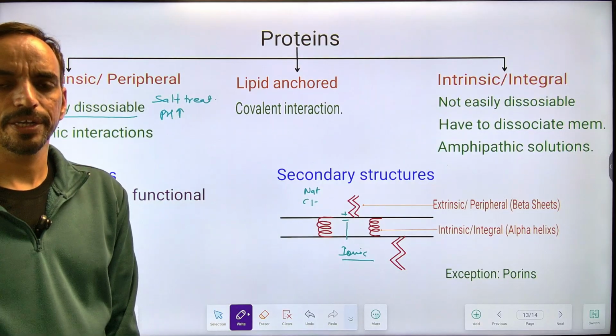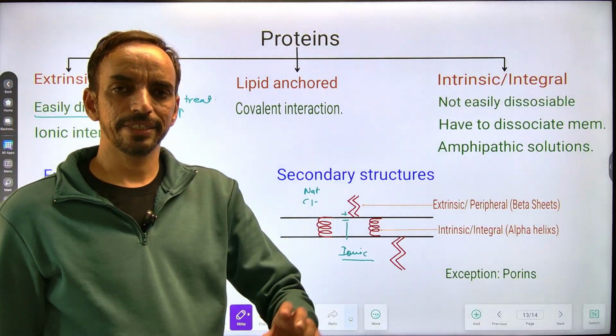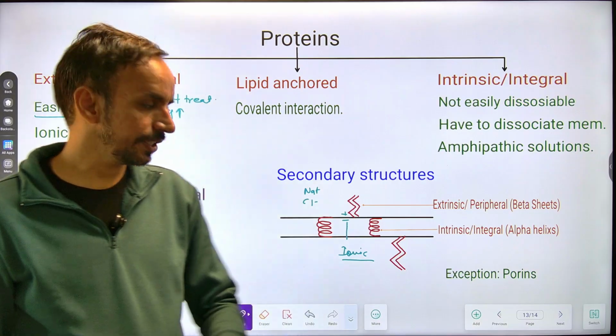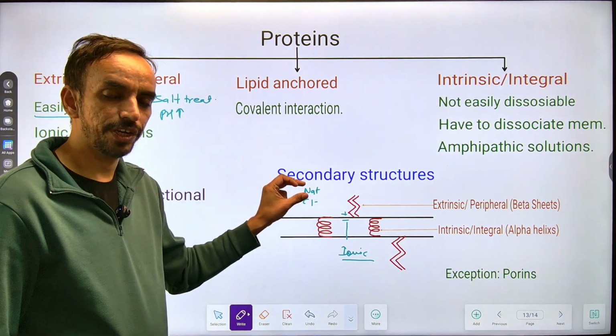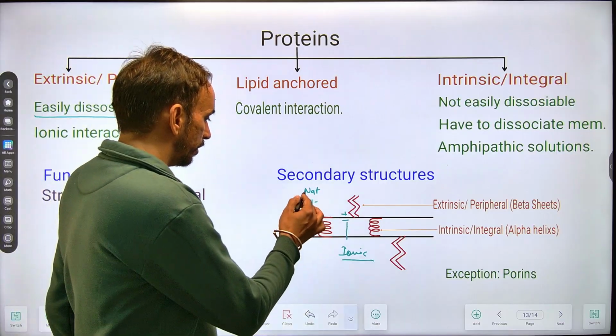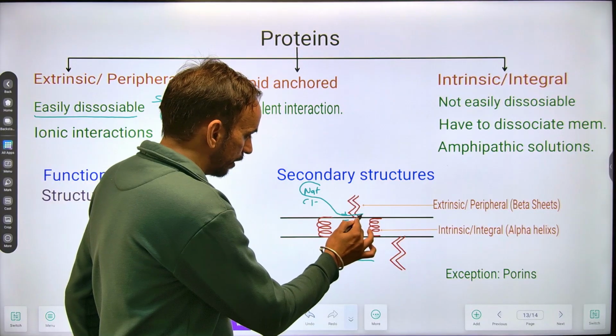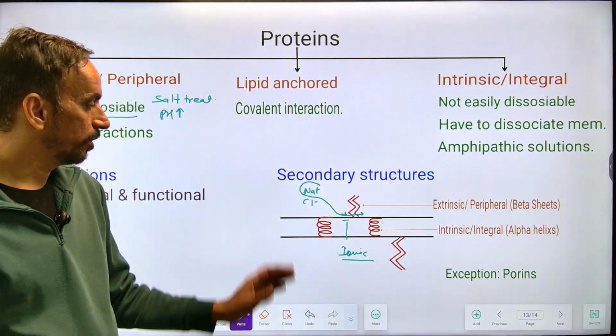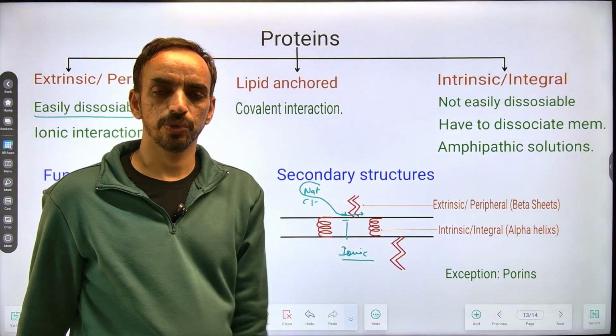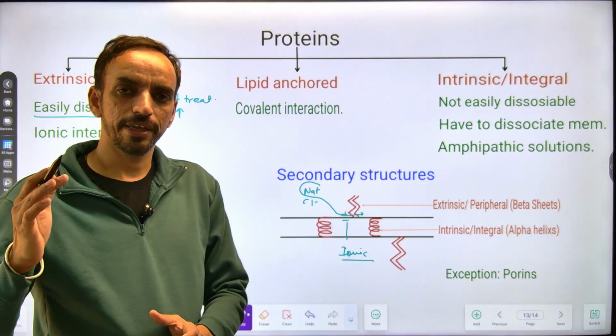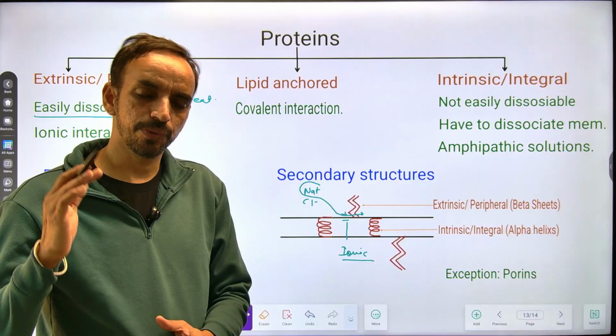Okay, and ionic interaction, as we all know, is a weaker interaction. So जैसे ही आप salt treatment देंगे, the charge on this Na plus is greater than the charge on this protein, तो ये यहां से washed out हो जाएगा, remove हो जाएगा extrinsic or peripheral protein.